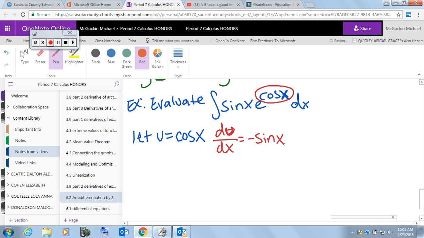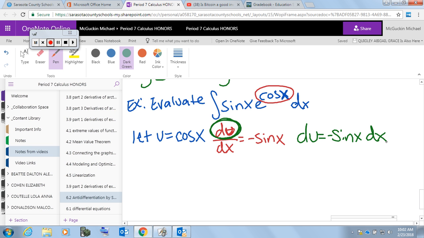I need to replace dx with du because I'm replacing cosine of x with u. So where are we going with this and how can we take it into account? Let's take one more step. Take a look at what's happening in here. There's a du that I can work with. Let's get du by itself so that I have an interesting setup for a new differential.